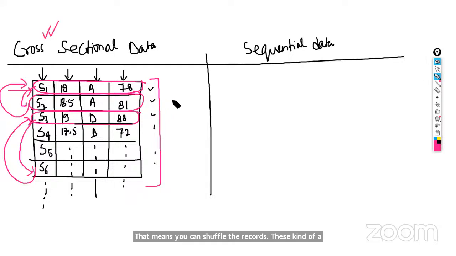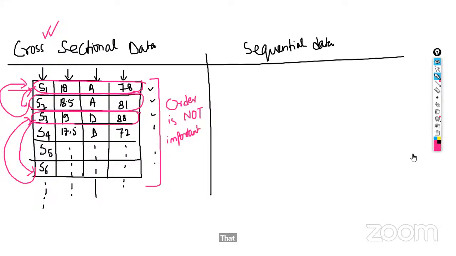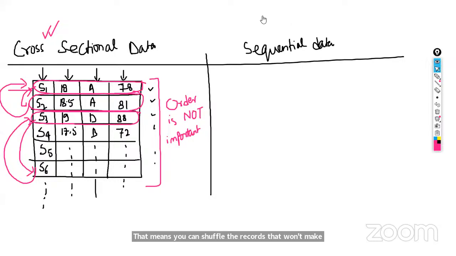Here, order is not important. You can shuffle the records, and that won't make any change over the analysis.